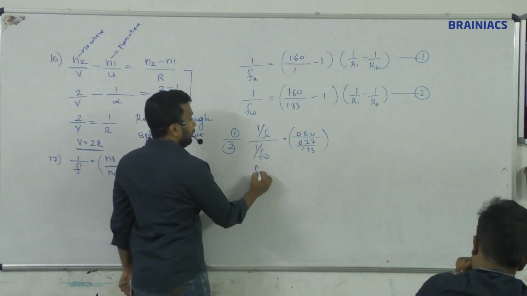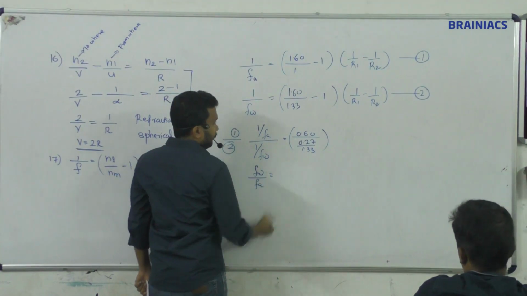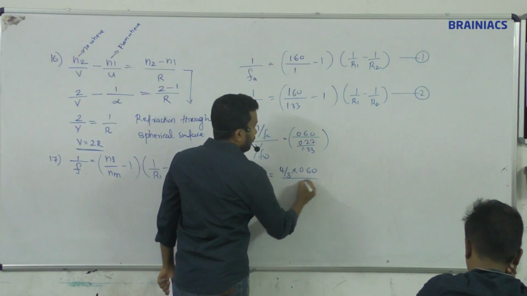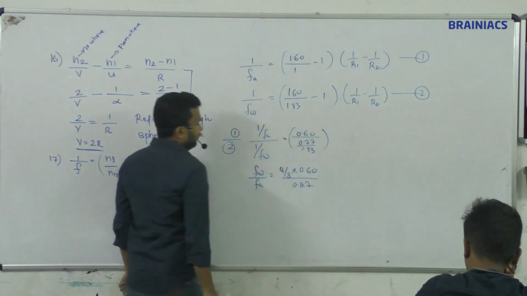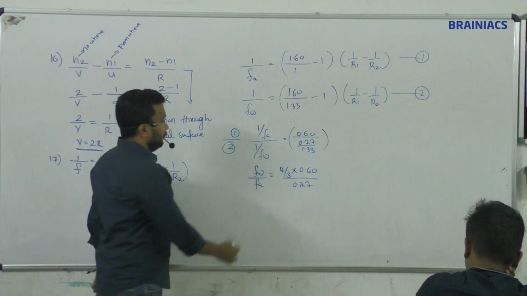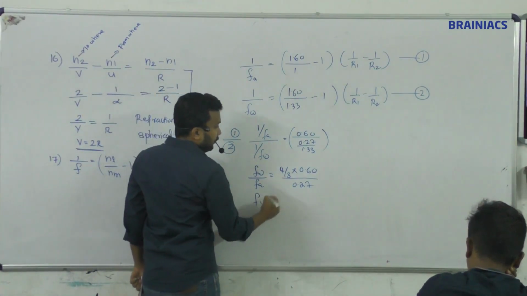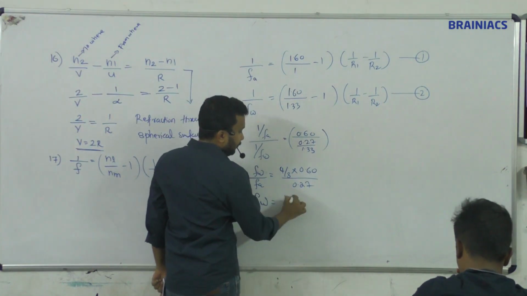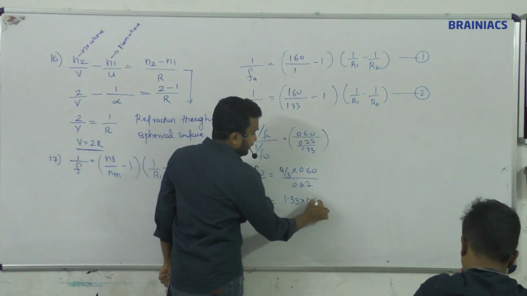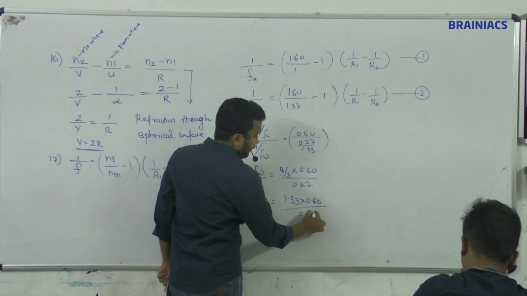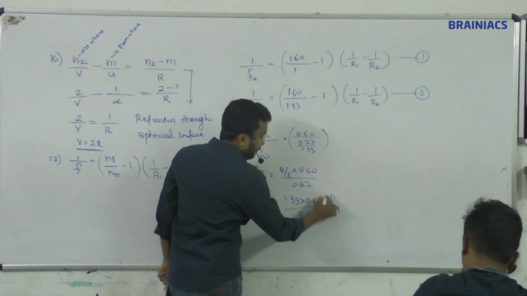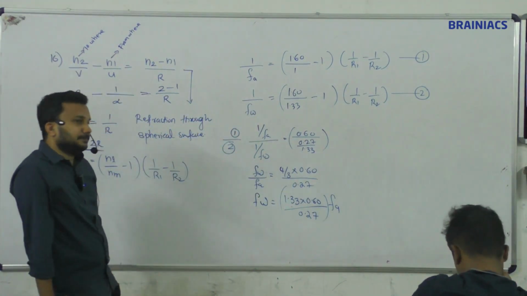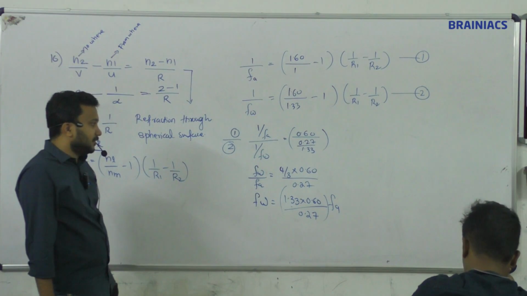So FW divided by FA is equal to 1.33, I am writing as 4 by 3, both are the same, 0.60 whole divided by 0.27. We need to find out FW. So FW is equal to 1.33 into 0.60 whole divided by 0.27 times F air. Okay, what is the value you are getting? You can multiply and solve it.